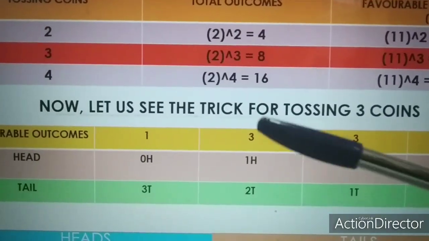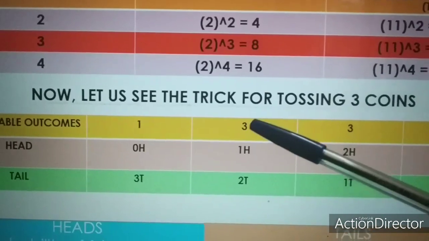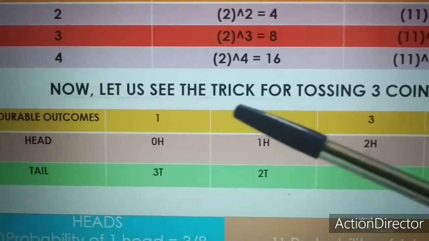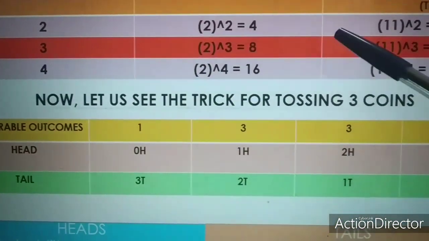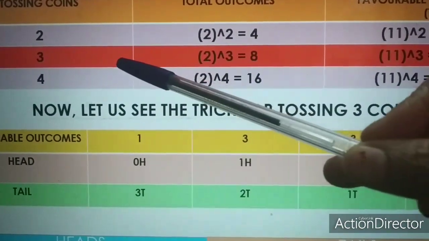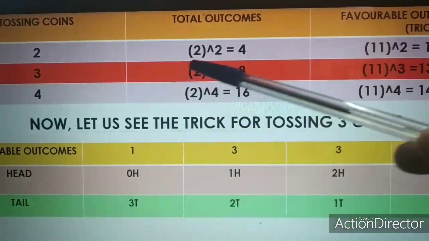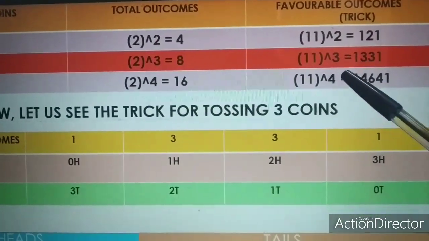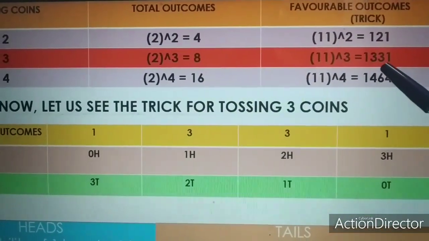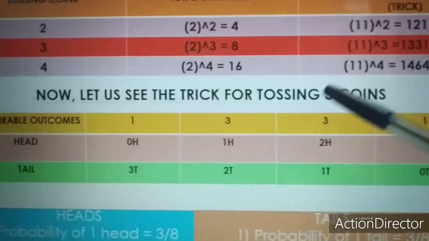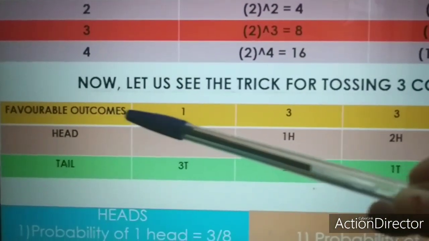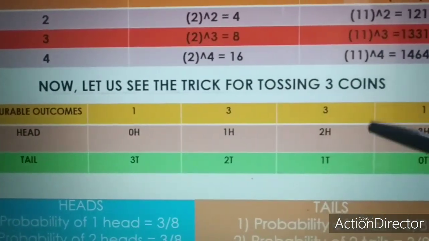Now to understand the trick, let us toss the coin for 3 times. So when you toss the coin 3 times, you have to check the table along the number 3, that is tossing the coin 3 times. Along the number 3, 11 cube, the favorable outcomes are 1331. So in the first table column, I will be writing 1331.